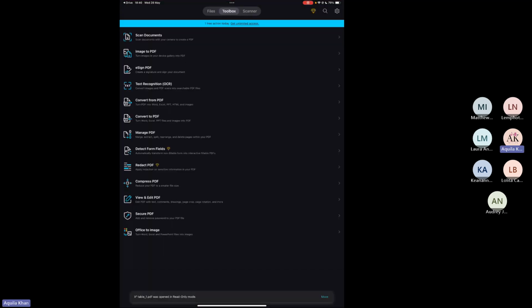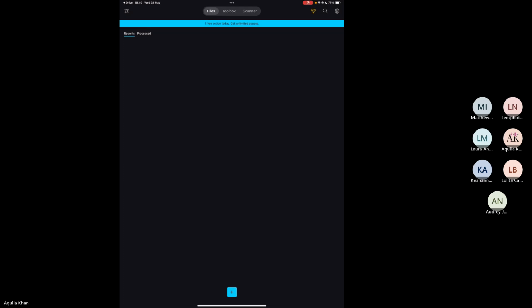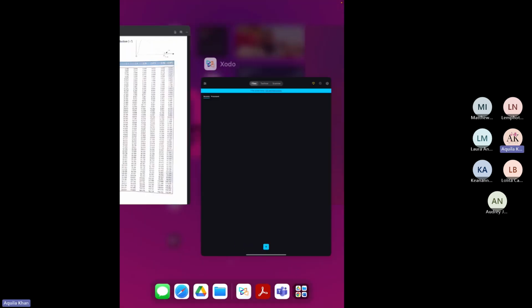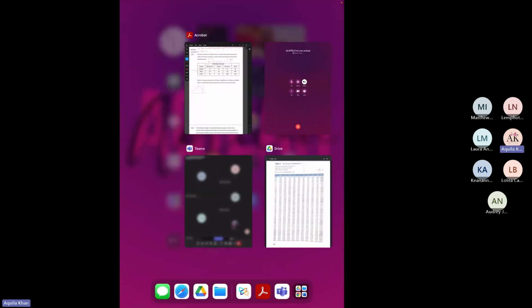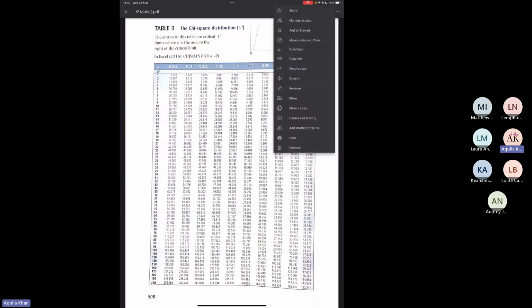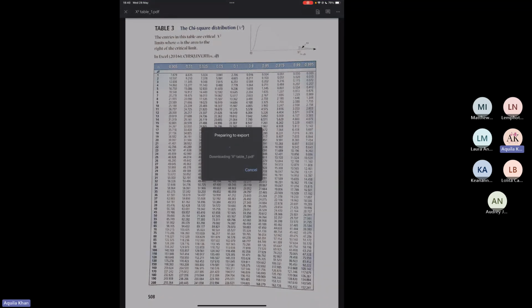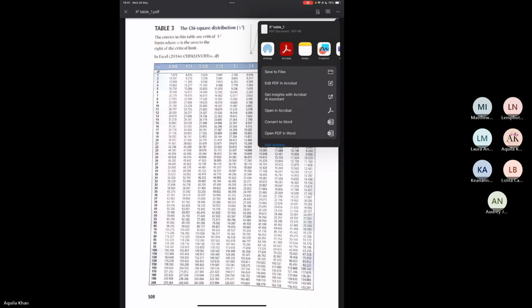I'm not sure if this is going to work, but I am going to try. No, that's not going to work. I just don't want the other document to stop and not allow me to write. So I'm just seeing where else I can open this.